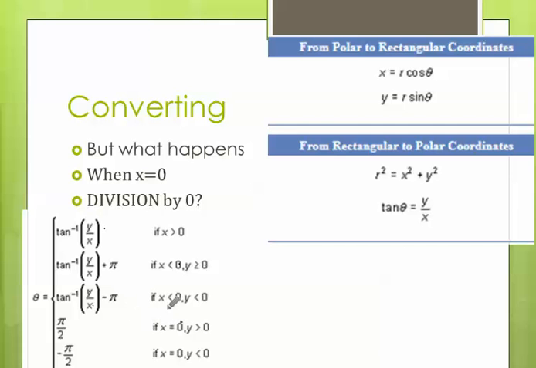If x is equal to 0 and y is greater than 0, the answer is pi over 2. If x is equal to 0 and y is less than 0, it's negative pi over 2. These here are the actual ways that most people use to convert, rather than this one. But I will tell you what, for the most part, you can use this one and get by with it.